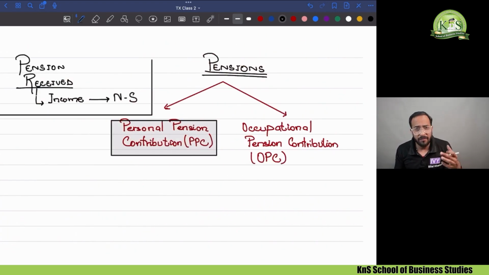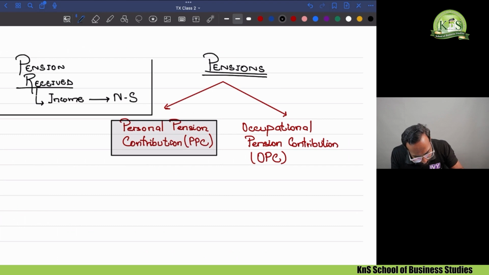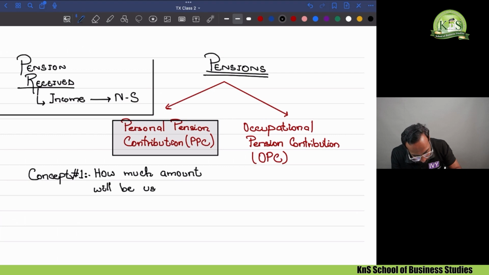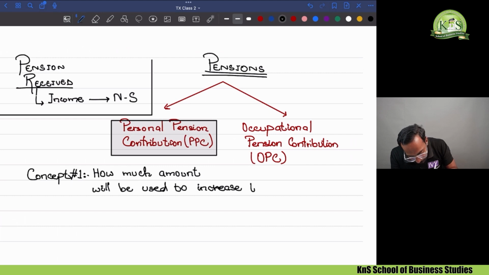We will learn this with the passage of time. Now I'm writing the concept names, only the concept names. Number one concept regarding personal pension: how much amount will be used to increase the band.